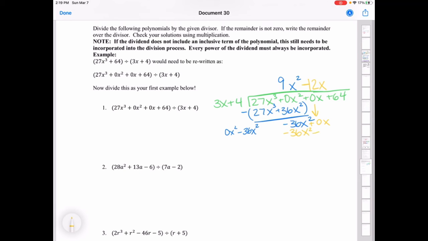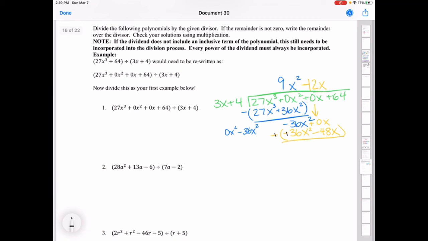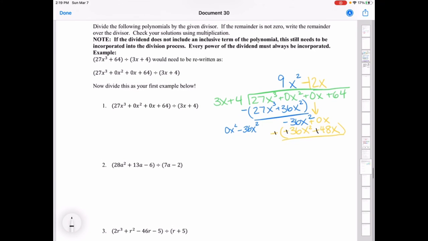And then negative 12 times 4 is 48, times that x is x. So here again, remember that you're subtracting these values, so they're going to become positive. So you get 0x squared and you get a positive 48x.